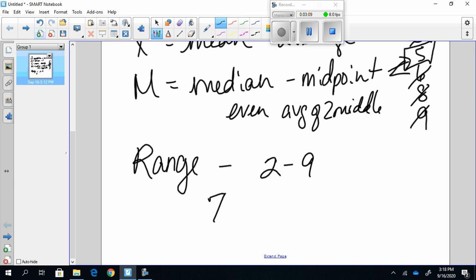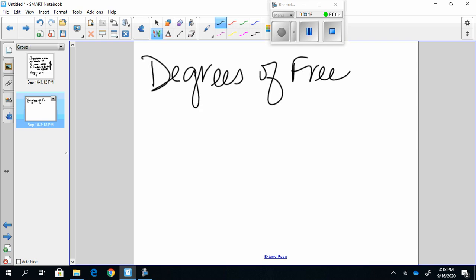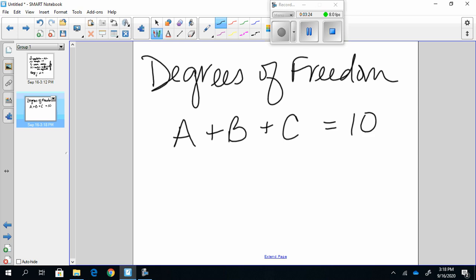Okay, what else? Next thing. All right, degrees of freedom. This is probably a new term for you. So if I had a formula like A plus B plus C equals 10, I have 3 variables or 3 unknowns right now.